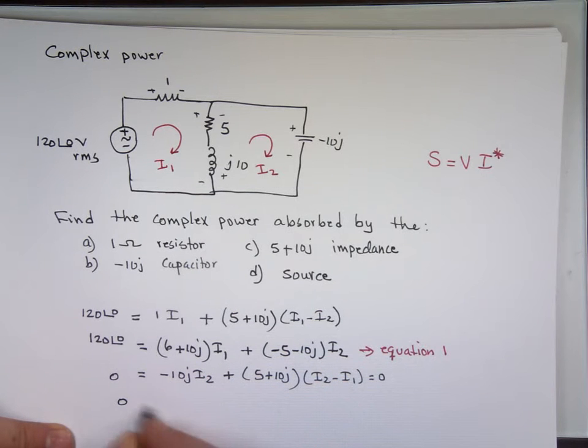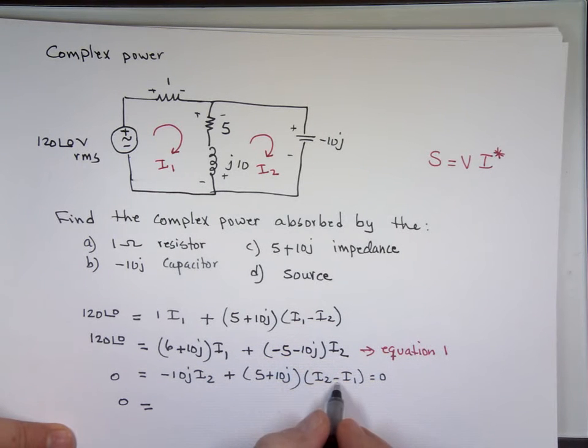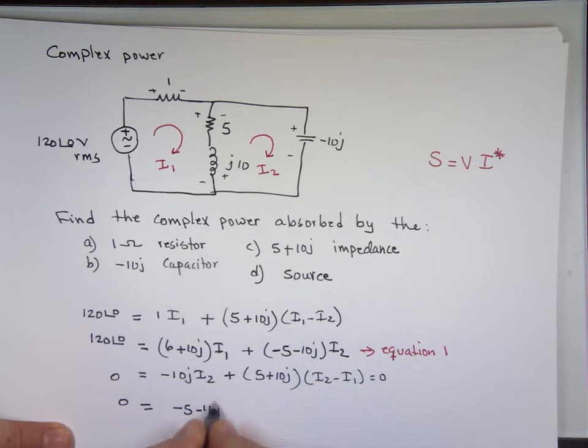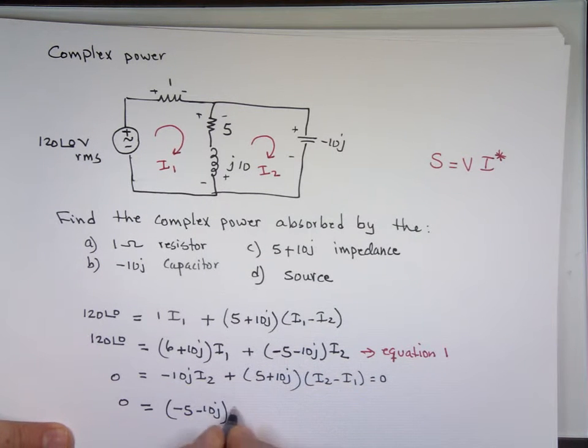Clean it up. 0 equals negative 5 minus 10J times I sub 1, plus 5 I sub 2, because the J's will cancel each other out. And that's equation 2.